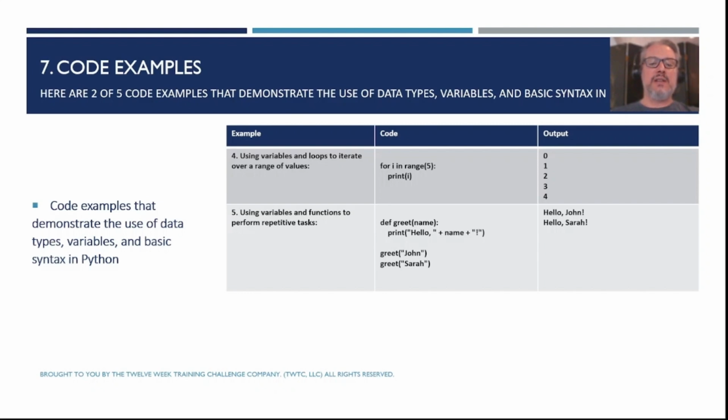But later, if we say greet, we're defining greet as John, and we're defining greet as Sarah. So when we first define greet as John, it'll print John, and when we define greet as Sarah, it'll print Sarah. So let's look at these examples in Jupyter Notebook.